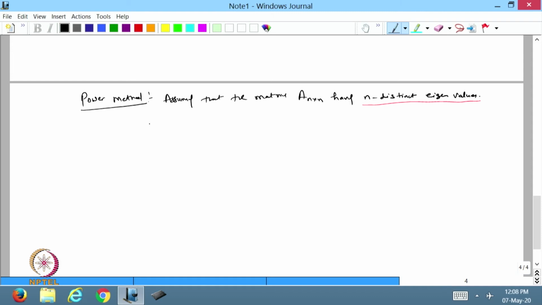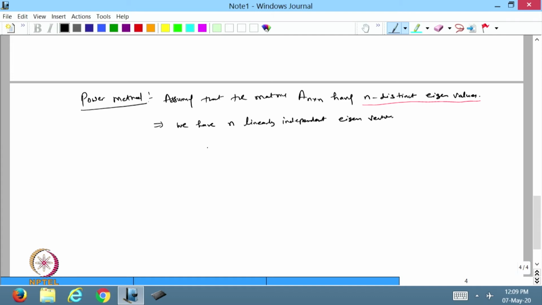Now, we know that if we have n distinct eigenvalues, which implies that we have n linearly independent eigenvectors.